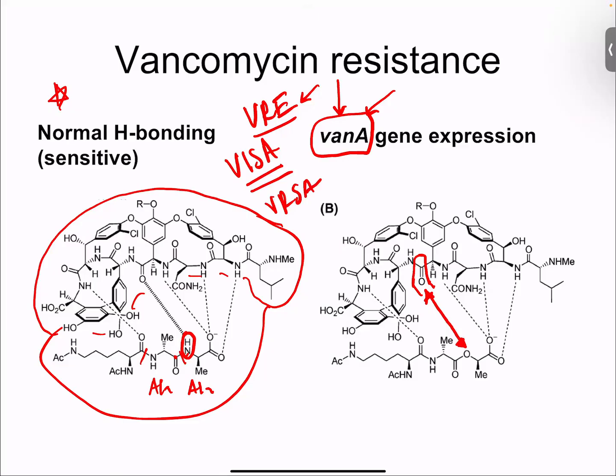Literature or even at your site? In dialysis patients. Interesting. So intermediate susceptible and vancomycin resistant Staph aureus. Again, it's concerning. Is VISA and VRSA a consequence of the VAN A gene? Maybe at some point, but I'd have to dive in a little bit more and see what's going on there that lends to that resistance.